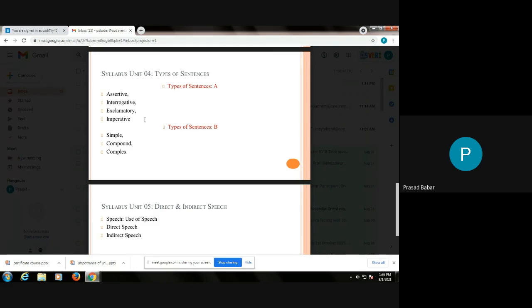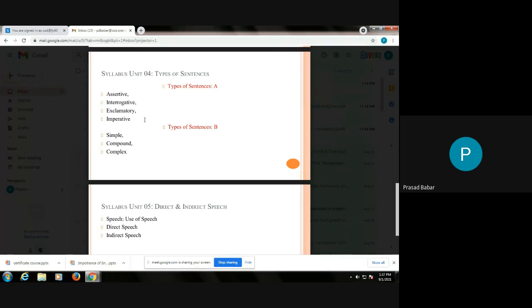These are the part and parcel of the B type of sentences. In the B type of sentences, there are three types: simple sentence, compound sentence, and complex sentence. So these three types of sentences are there.